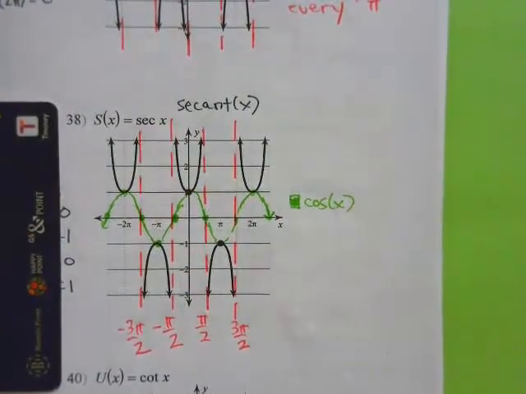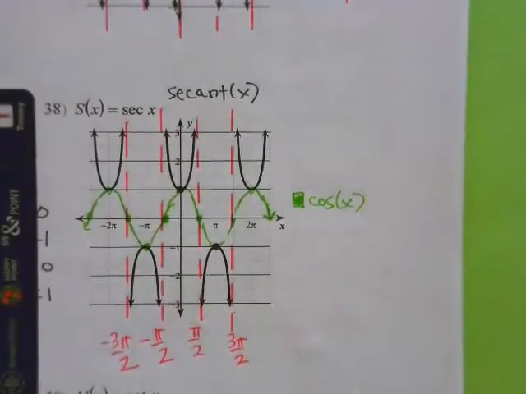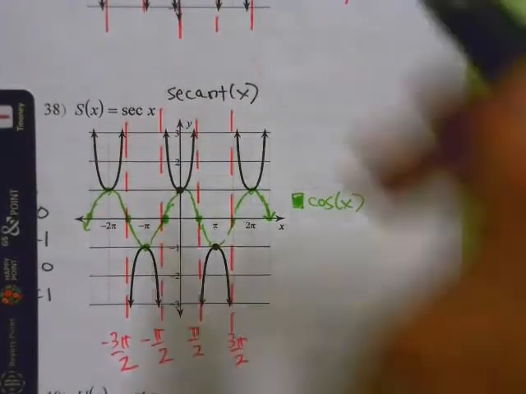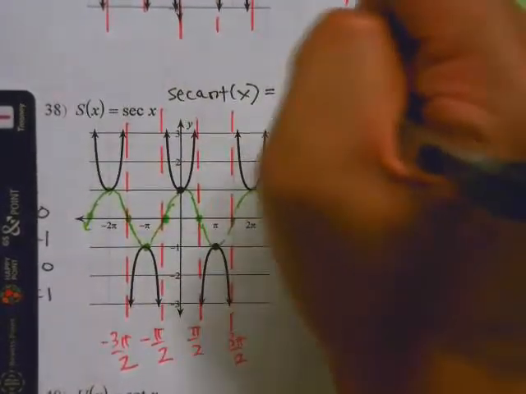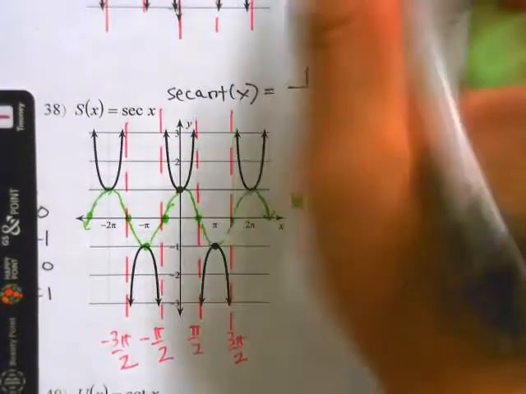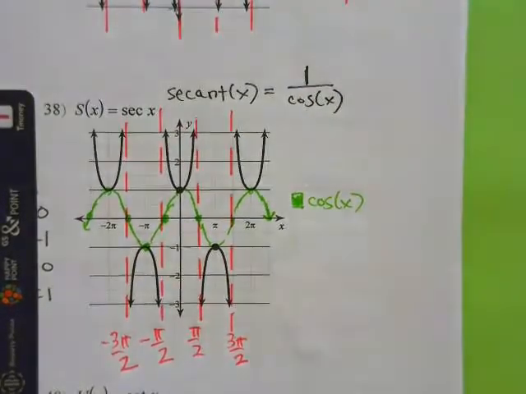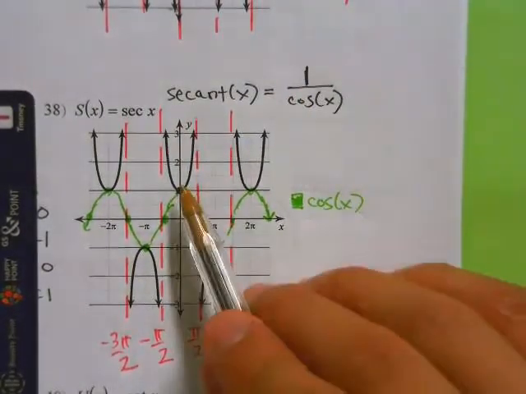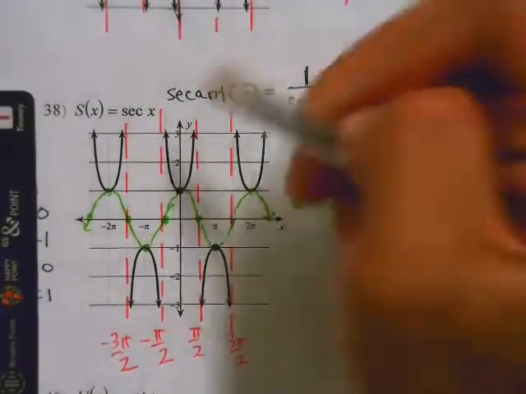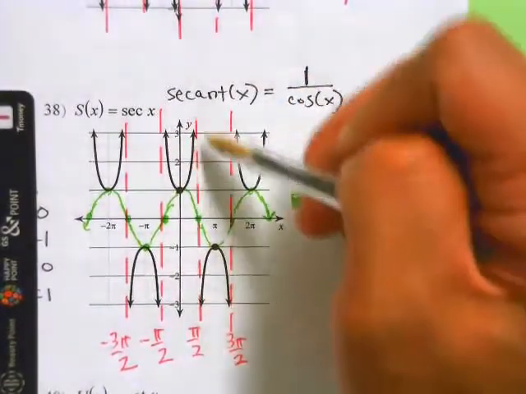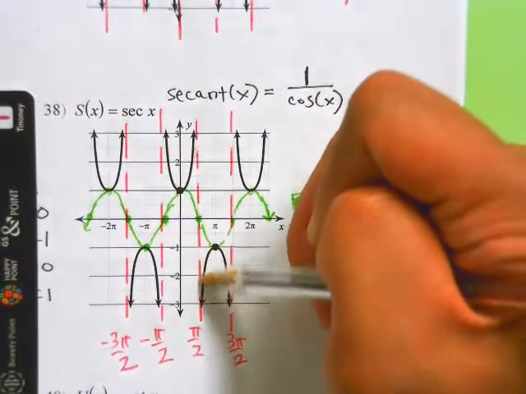Okay, so use the cosine graph to your advantage to draw the secant. And I do want to remind you guys that secant is not the inverse, it's reciprocal, 1 over cosine. Okay. So the highest point of cosine at 0 is 1, and then you're going to make that shape. You would start making the asymptotes over here at every pi over 2.